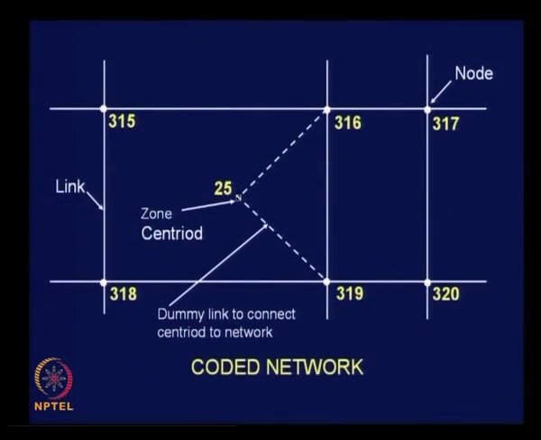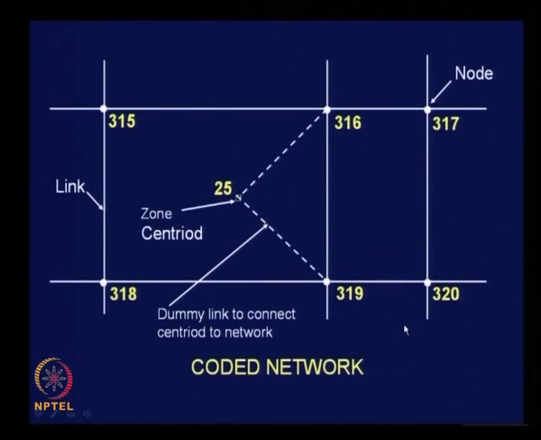It depends on the actual traffic flow that we experience in the field. If the people living in this area are getting connected to all these intersections, all the 4 intersections evenly, then your links must represent the realistic flow condition, and you have to have more dummy links, and you must have connection from 25 to 315 as well as 318.